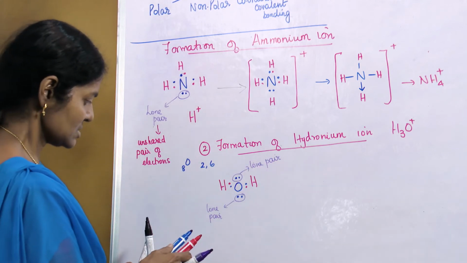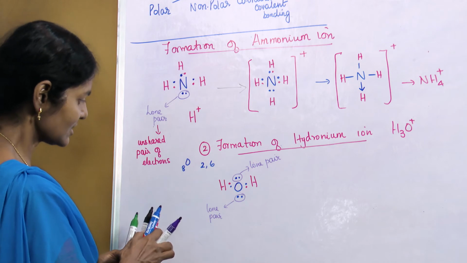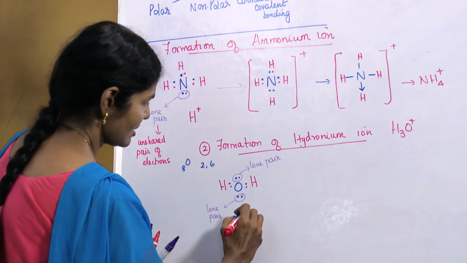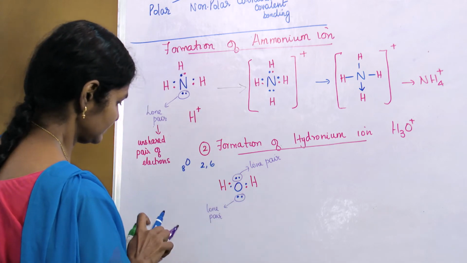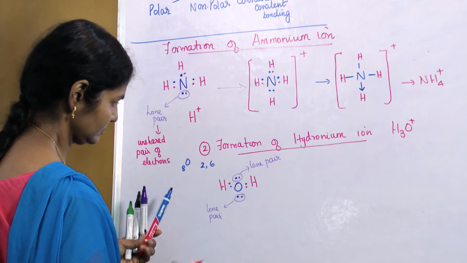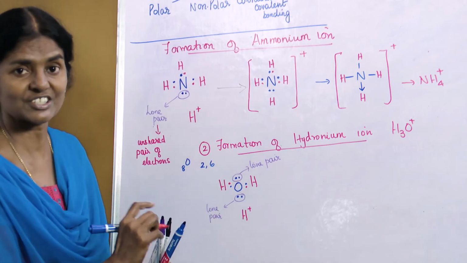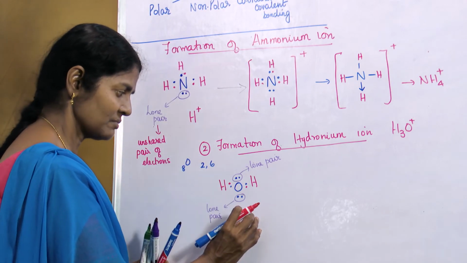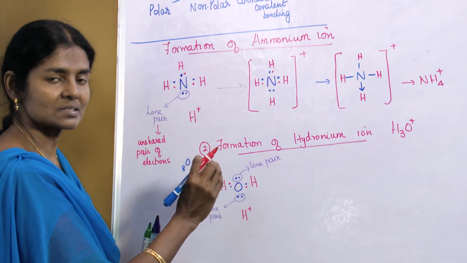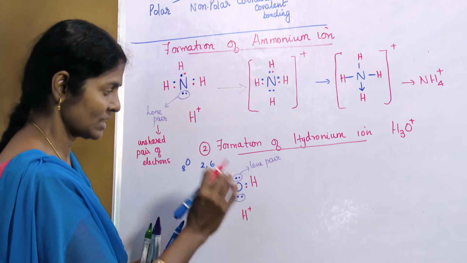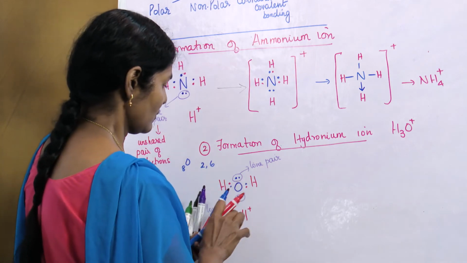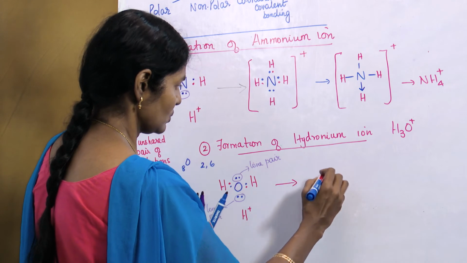Now what happens? There is another hydrogen ion that comes here. Remember, hydrogen ion is not having any electron and is badly in need of 2 electrons.